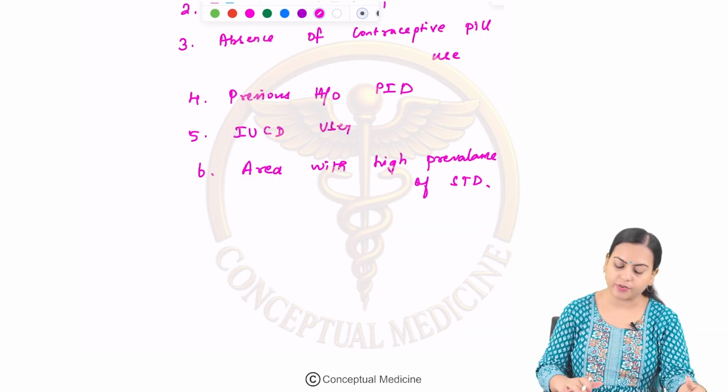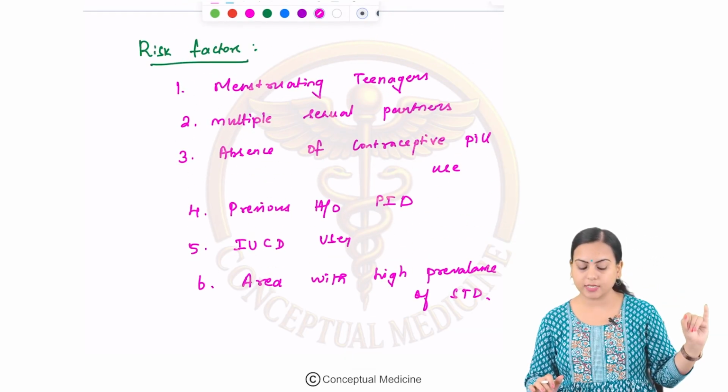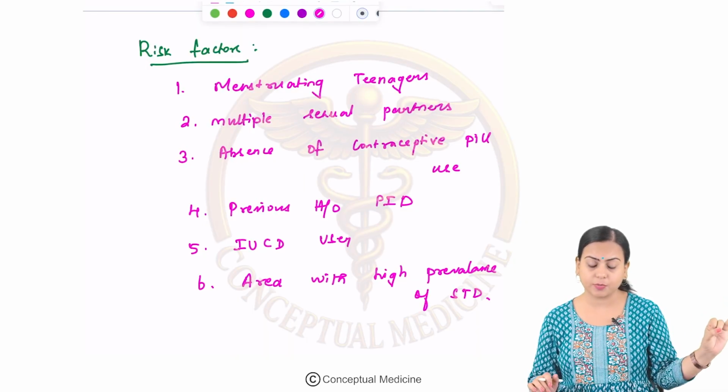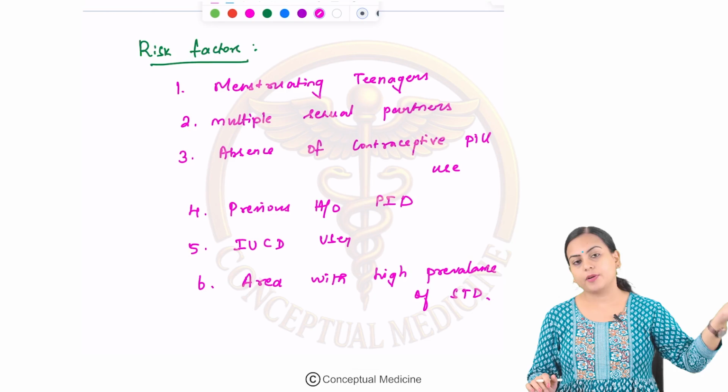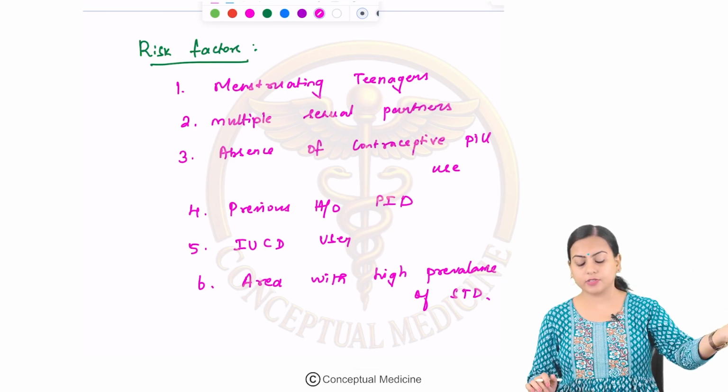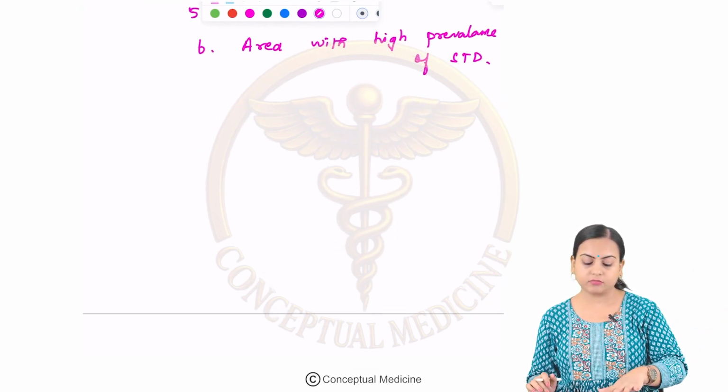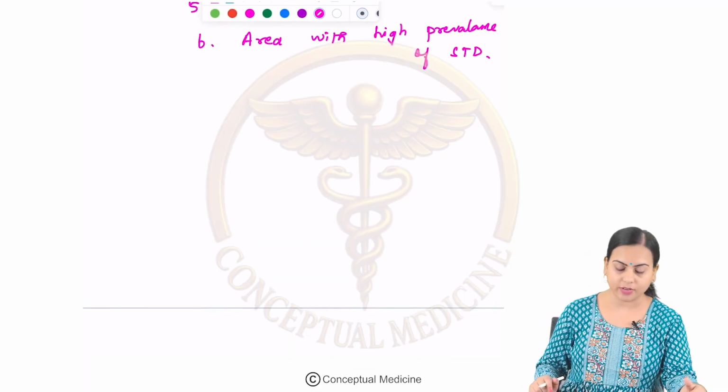So these are the risk factors: menstruating teenagers, multiple sexual partners, absence of contraceptive pill use, previous history of pelvic inflammatory disease, history of IUCD usage, and areas with higher incidence of STD.